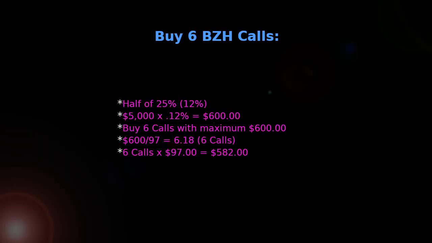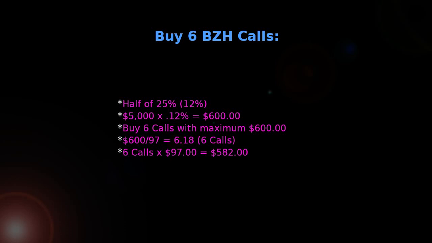We note how many calls we can buy and decide to buy half of our 25% capital allowance. So if our total capital is 5,000, we are going to use half of 25%, which is 12%. That is 5,000 times 0.12 equals $600.